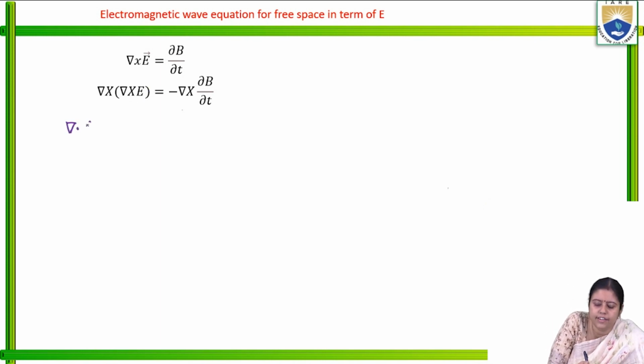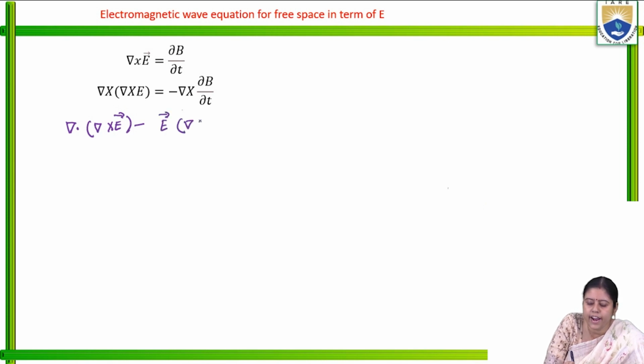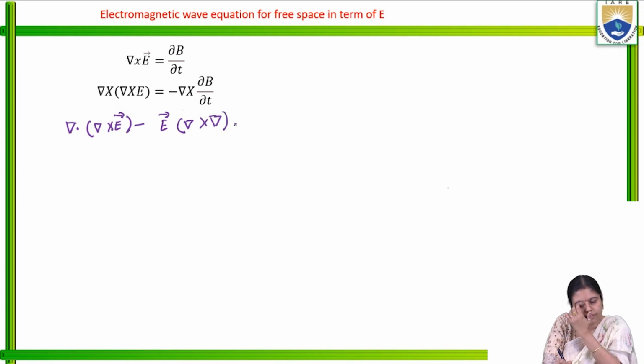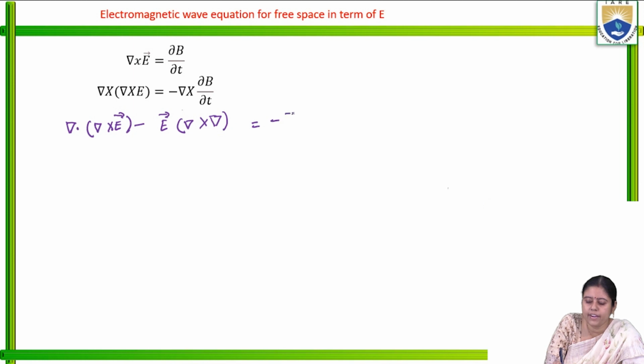Grad is fixed, grad of the second one minus E is constant, grad cross grad cross E is equal to minus grad cross del B by del T.